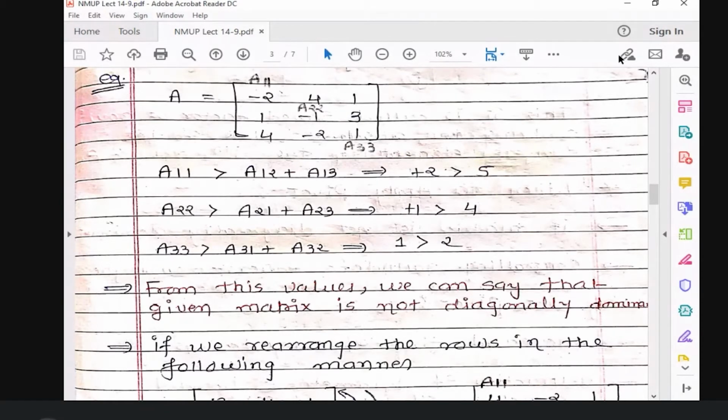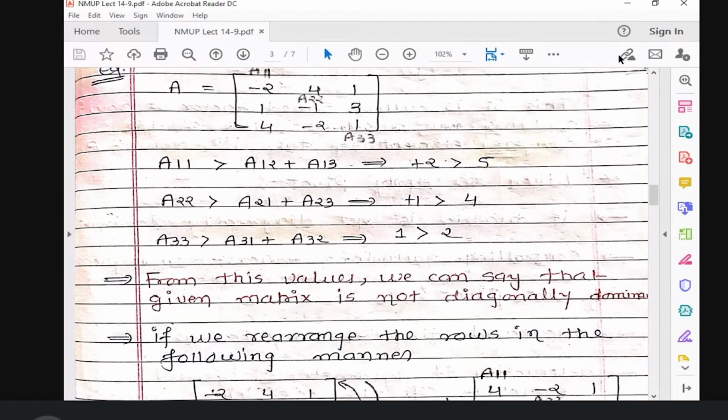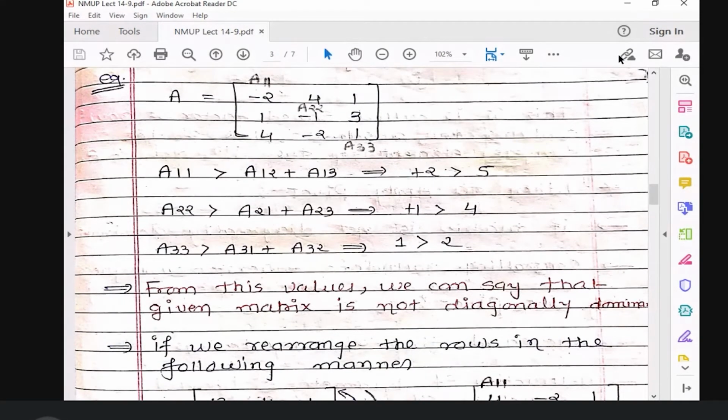Okay. So now what are we doing? We want to make this matrix diagonally dominant. For that, what we have to do? We have to rearrange the rows, right? First of all, we have to identify the largest element from each row. In the first row, which one is my largest element? 4.